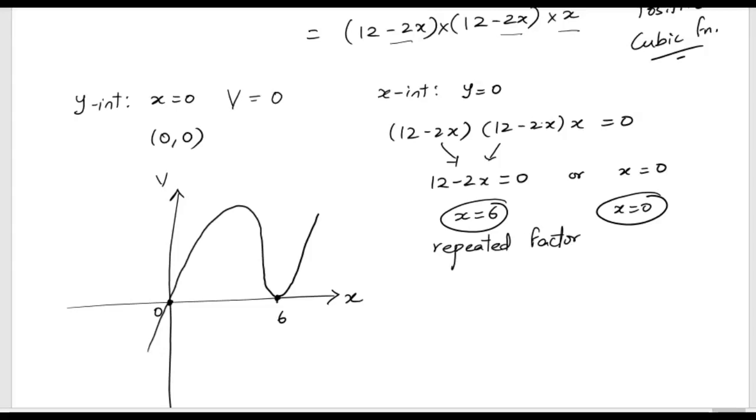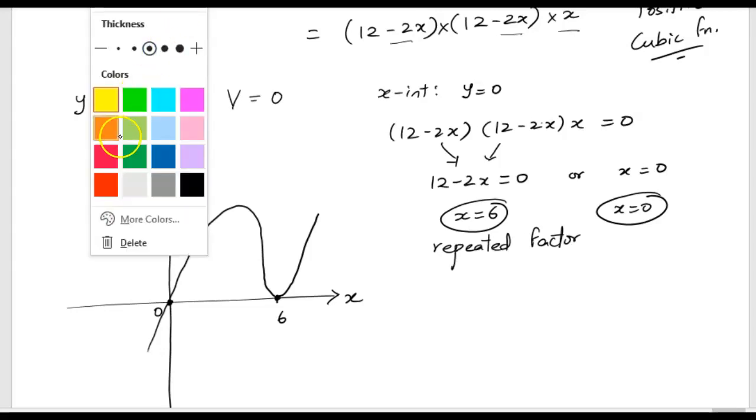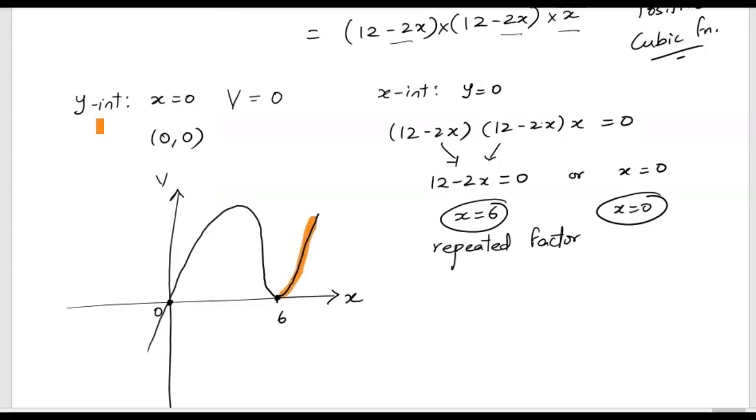What that tells me is I can decide to ignore this part of the graph, because for this part the value for x is greater than 6, which means we don't have to take it into consideration.